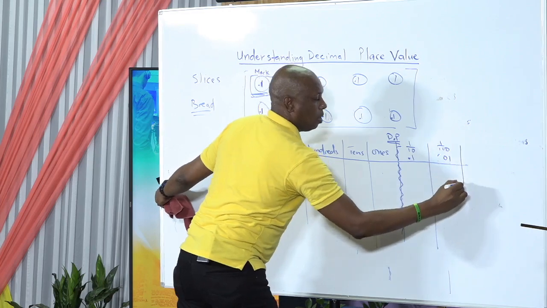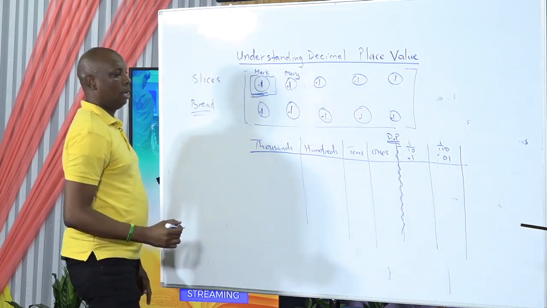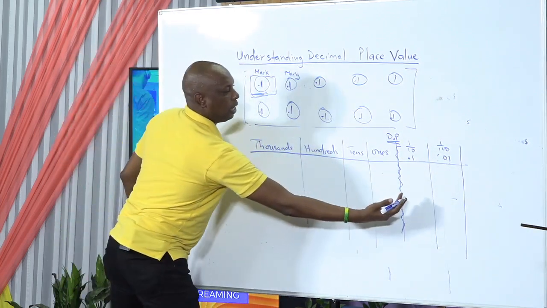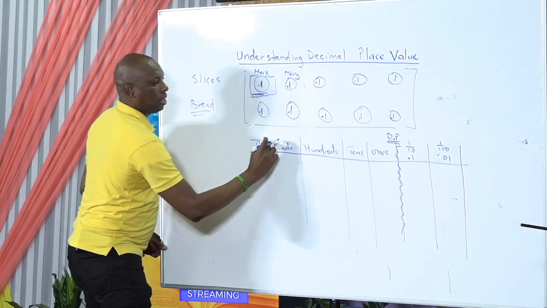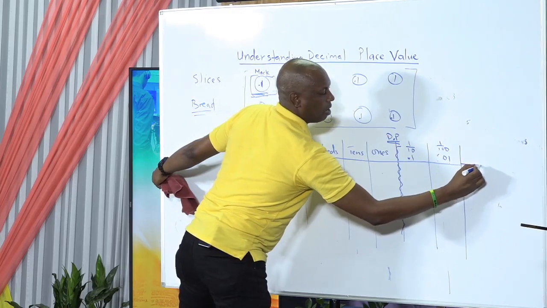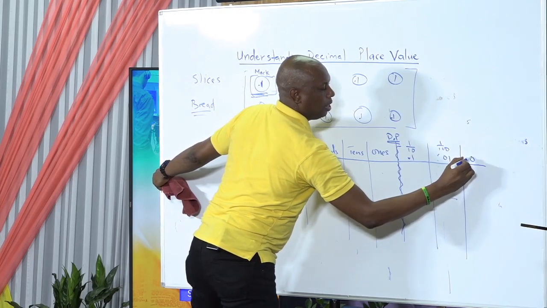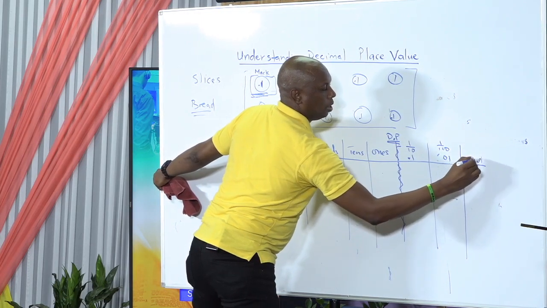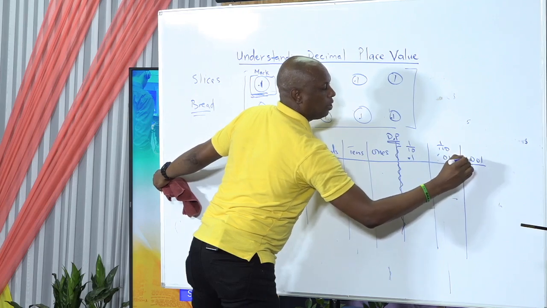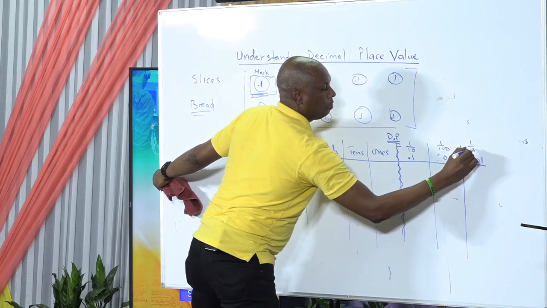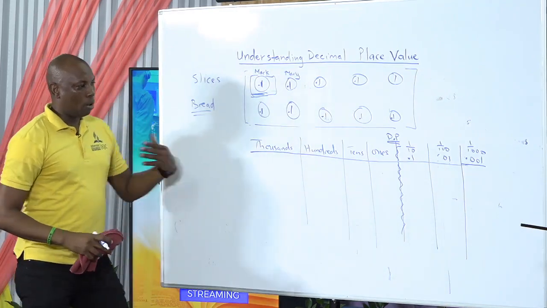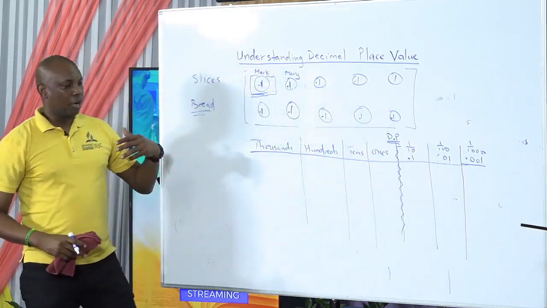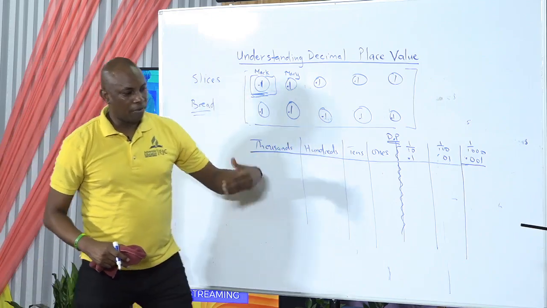Can anyone tell me what would come here if we're looking at the pattern? You can simply reflect back over here where you have ones, tens, hundreds, thousand. Right here we would have, following the pattern, 0.001. That would be 1 out of 1,000. And if you were to go further, you would get 1 out of 10,000, and then 1 out of 100,000.